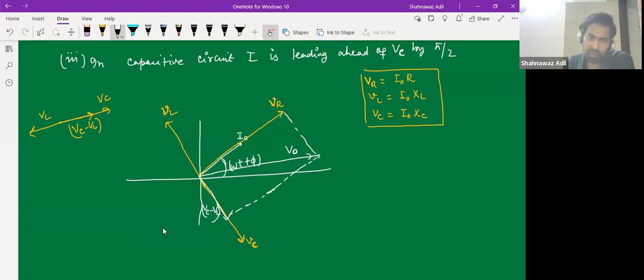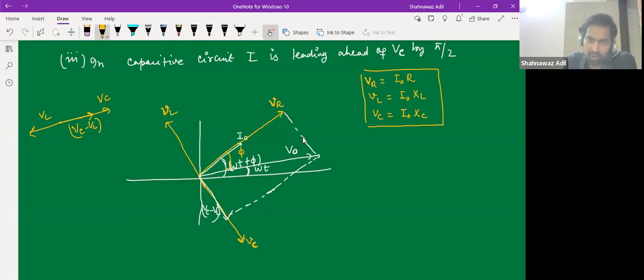Yes. Okay. So remember that this is omega t, and this is my phi. Understanding this diagram is very important, right?